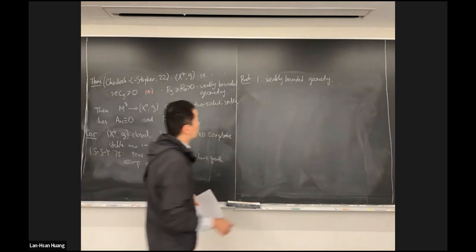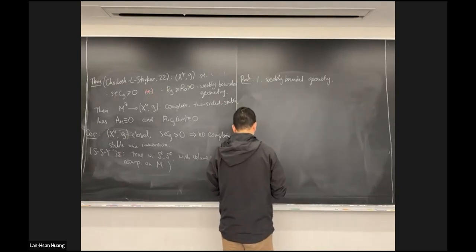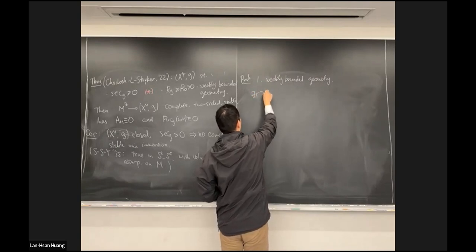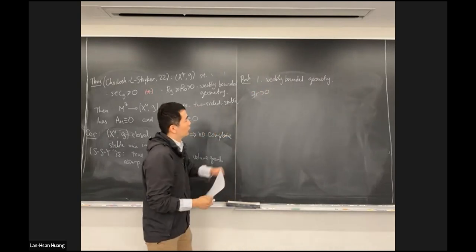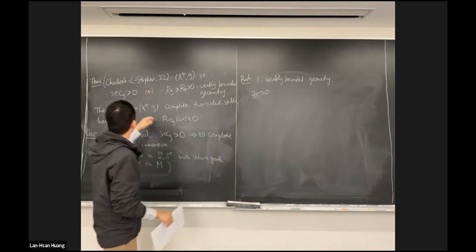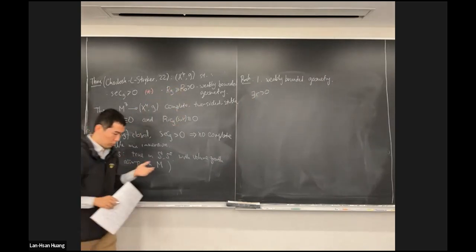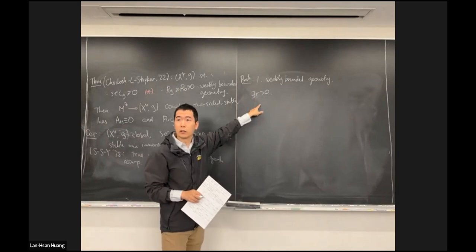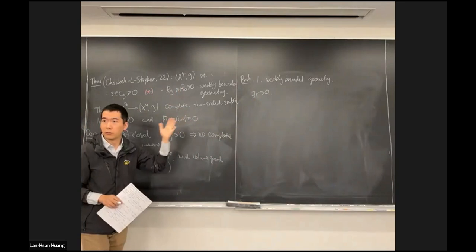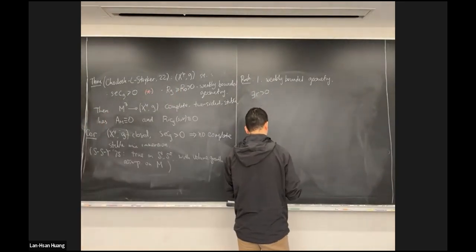Okay, so let me explain first what I mean by weakly bounded geometry. I mean the following thing. There exists a uniform positive radius. One easy way to visualize it is that we're really dealing with complete non-compact manifolds, right? So you can take R to be the injectivity radius of the manifold, and we're assuming the injectivity radius is uniformly positive. Well, okay, but actually we do not need that strong assumption.